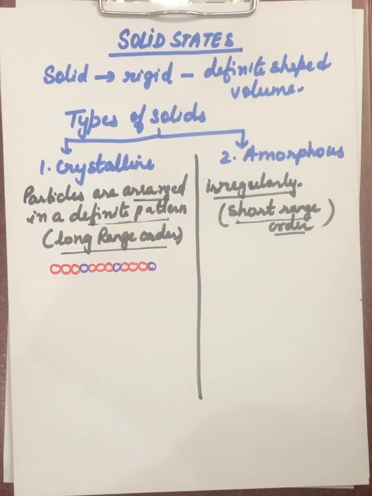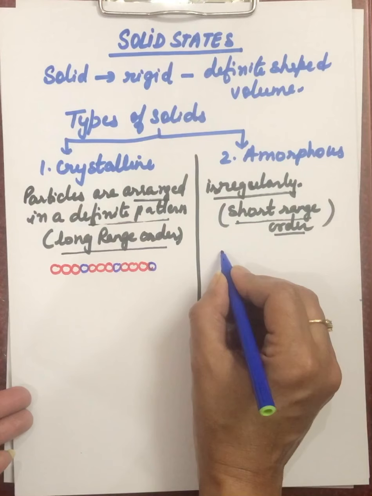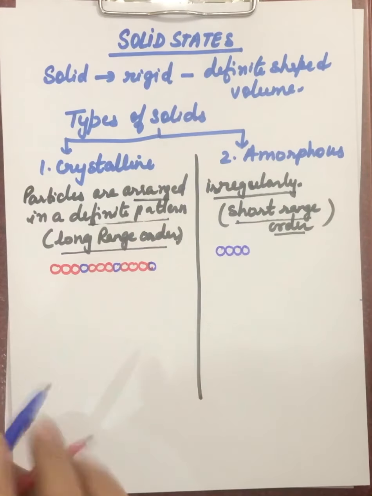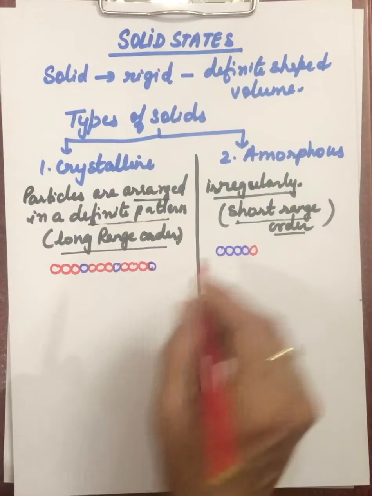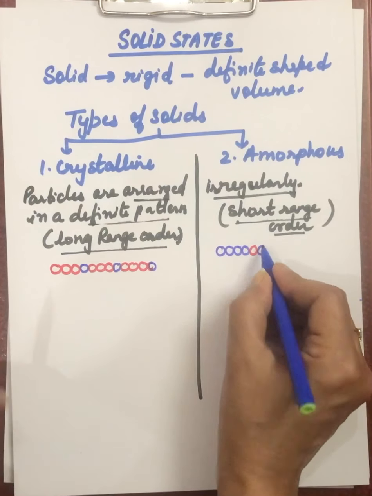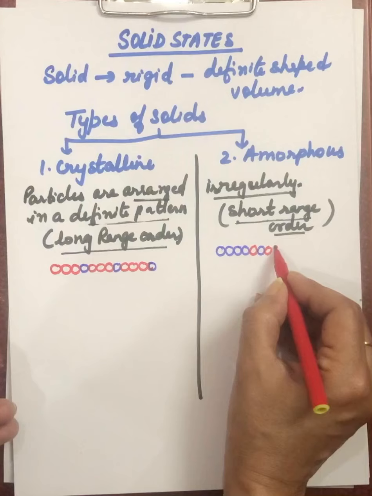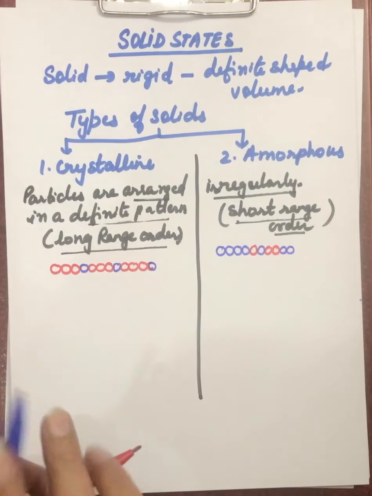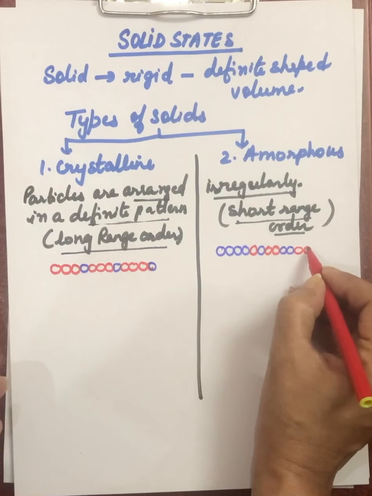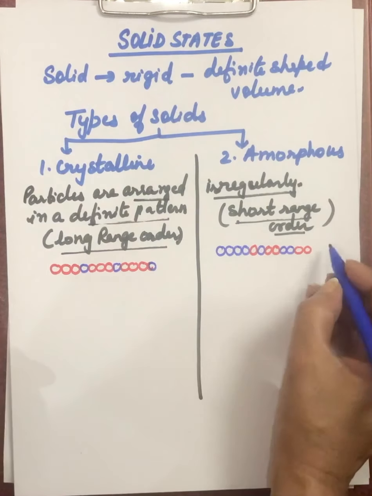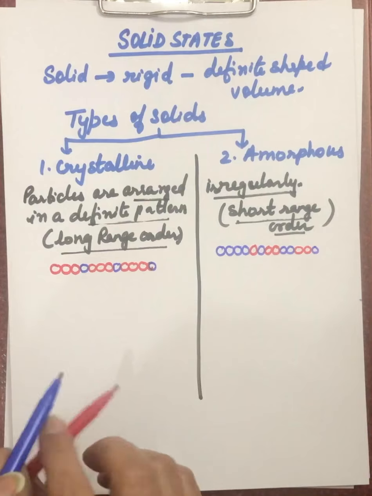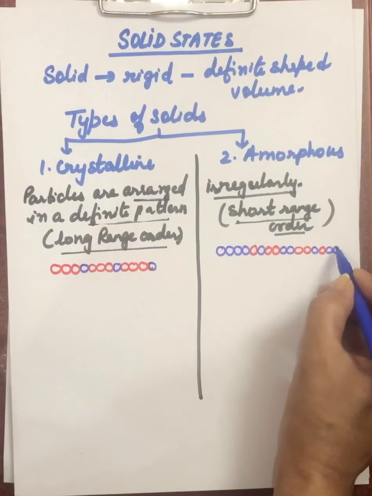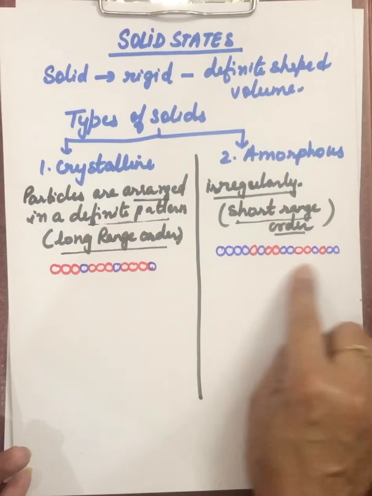But in amorphous solids, suppose we have an arrangement of particles like this. So no definite pattern is formed here.